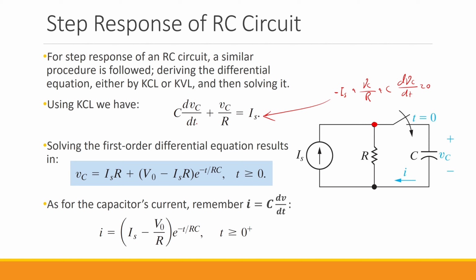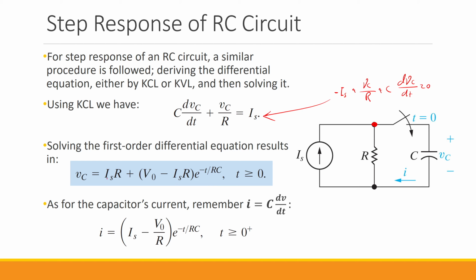So what we basically do is that we follow the same procedure as before, and we separate the two variables from each other. On the one side we only should have VC, on the other side we only should have the time. And then we take the integral over the specified period, and if we do that, the equation that we find for VC is going to be like this.